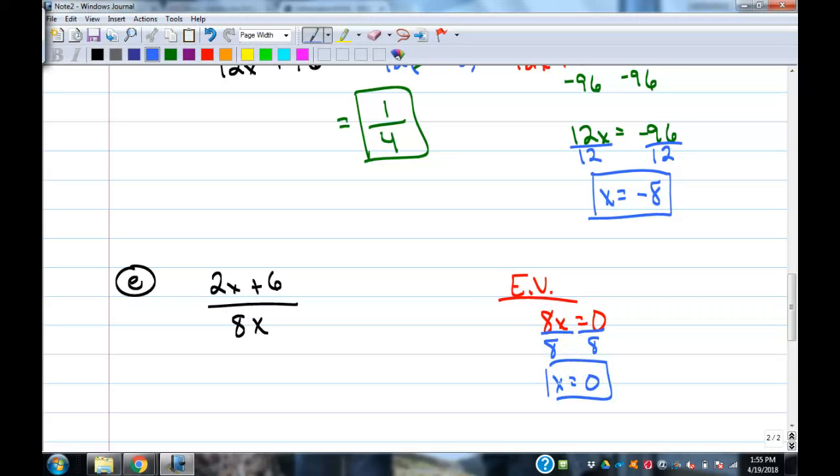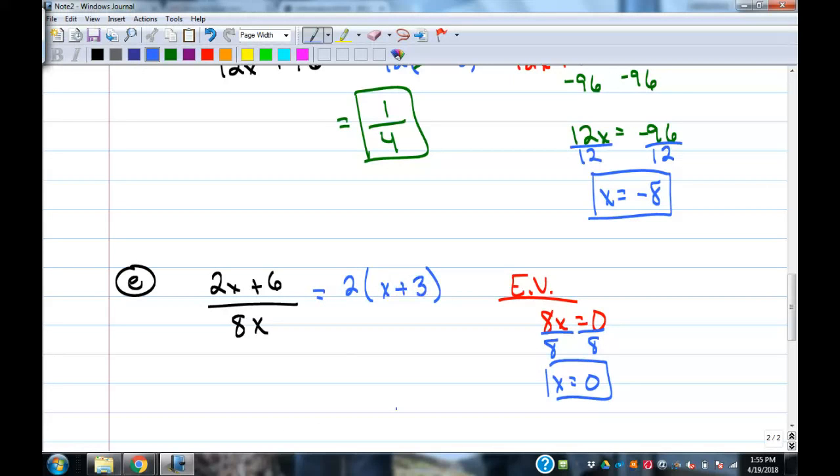Now, again, our idea here, what did we do on the last one? We only had to do it to the denominator, but we found that greatest common factor. So with this one, we're going to look at the numerator. What's the GCF of 2x and 6? 2. So we're going to pull a 2 out to the front. What's that leave in the parentheses? Good job.